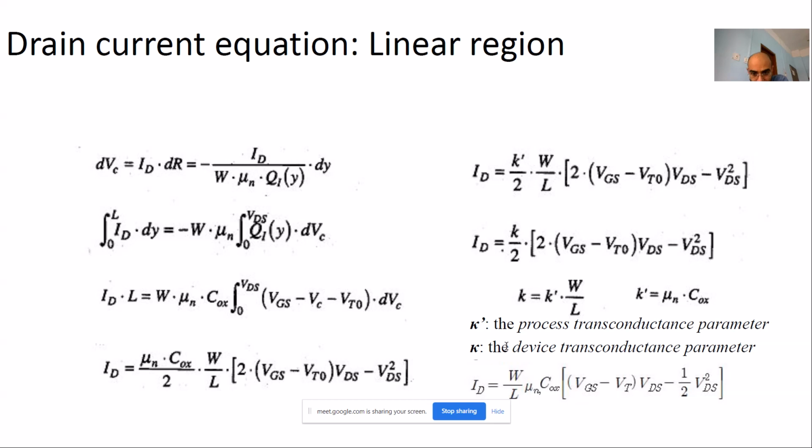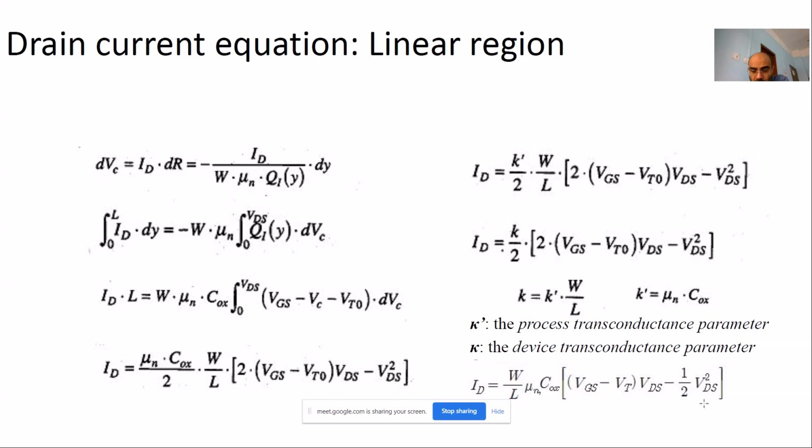This is the popularly known equation, so the same equation can be written like this as well: ID is equal to mu n Cox W by L into (VGS minus VT) into VDS minus VDS square by 2.